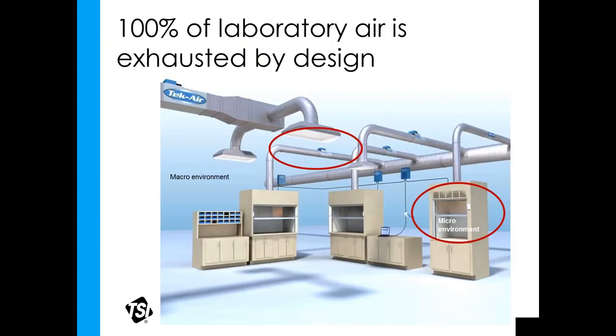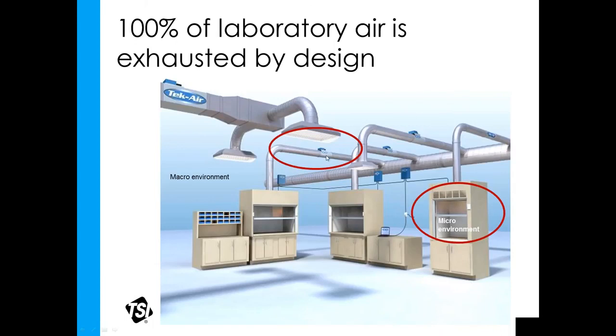Why are laboratories so rough to do? Laboratories really, by design, exhaust 100% of their air. Everything goes out. Nothing is saved. Nothing is recycled, simply because of safety and contamination requirements. So in a laboratory, you've got basically two environments: the macro environment, which is the general room, and possibly micro environments, biological safety cabinets, fume hoods, whatever.